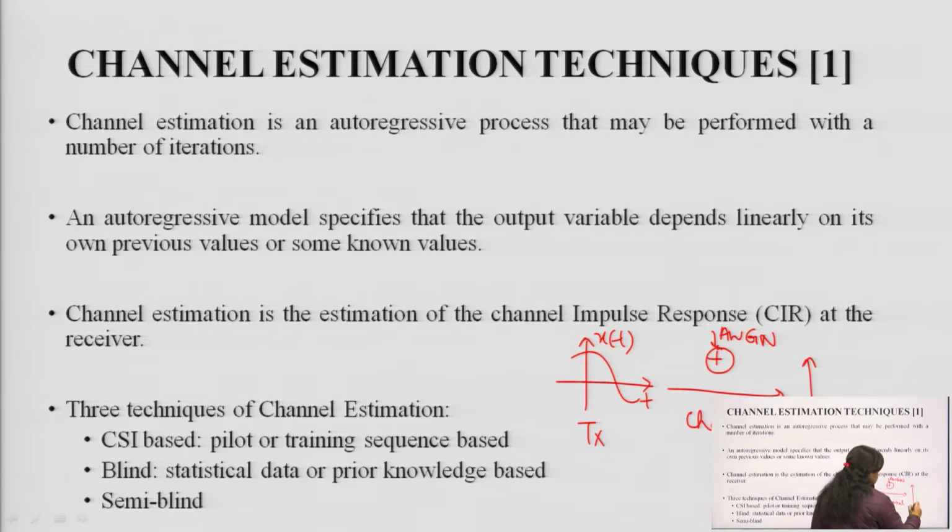Now, this signal, that is y(t), will be transmitted through this particular channel, the additive white Gaussian noise will be added, and then it will be affected. So, what will happen due to this noise, the characteristics of the signal will change, which means the pulse shape will be changed.